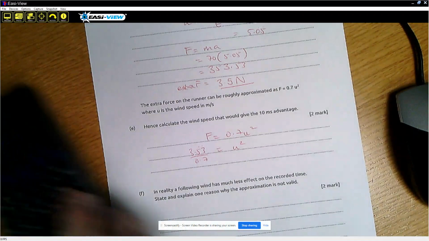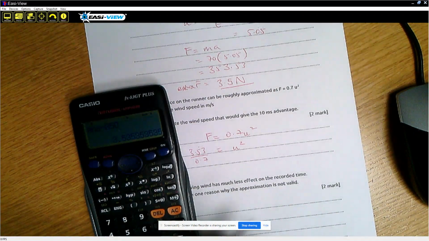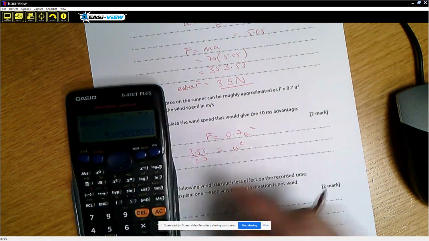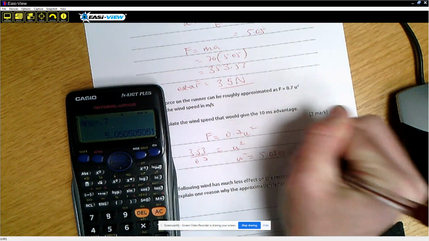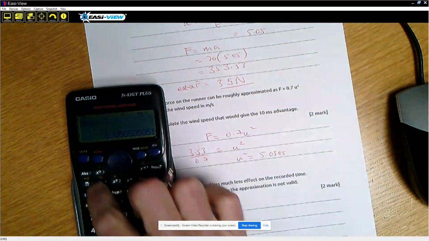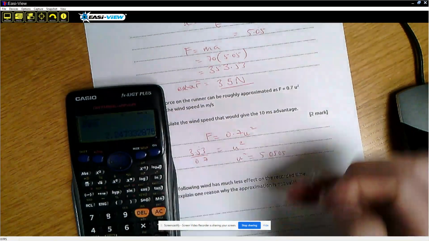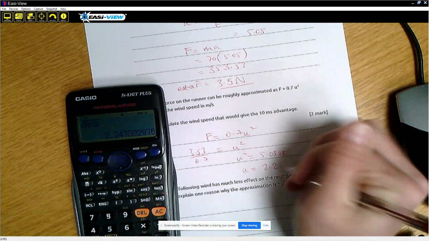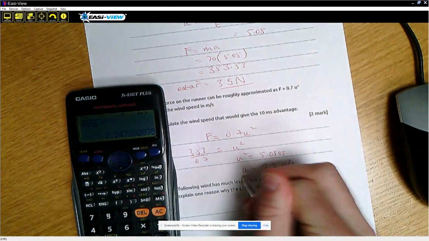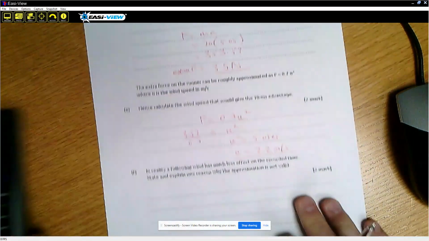So I've got the unrounded value in here, divide that by 0.7, and I get that u squared is 5.0505, again recurring. I need to remember the square root, that's a common thing to miss out. So u is 2.2 meters per second, and again it's 2 sig figs, just to be consistent.